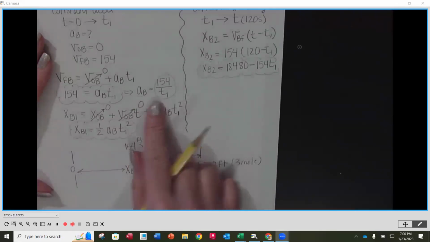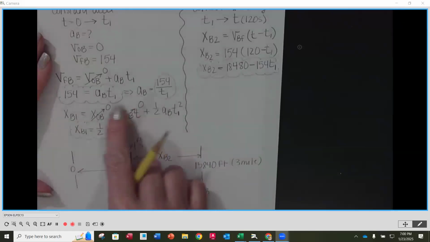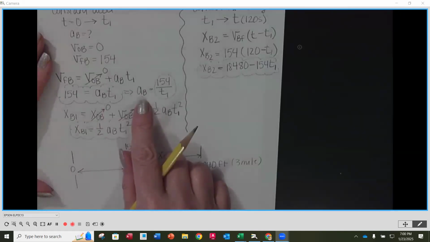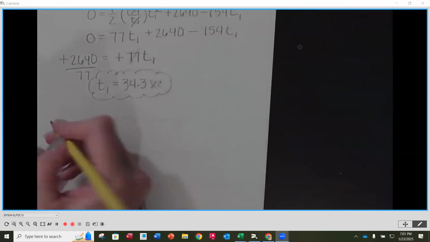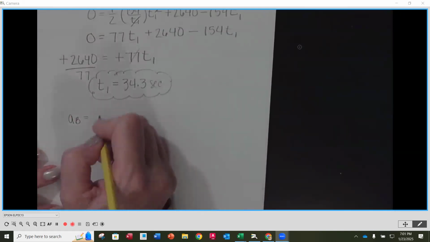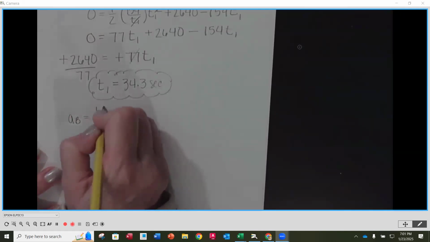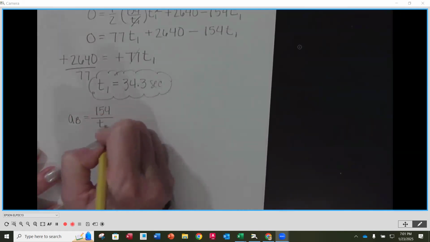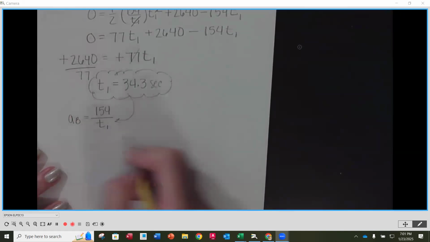So we know that we have this equation right here. And so if we know what the time is, we can solve for our AB, right? So we can simply say that AB, the acceleration of that police car, is going to be equal to 154 divided by T1. So we're going to insert that there.